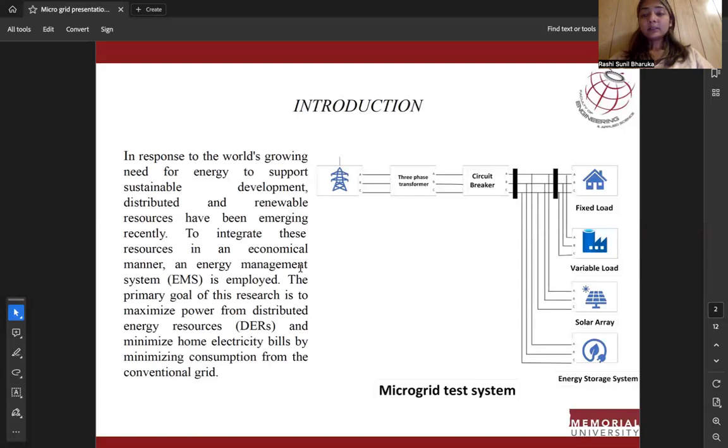To integrate the different types of energy generation resources and distribute the energy, we use distributed energy resources, or DER. Integrating these ideas aims at reducing electricity bills and minimizing consumption from the conventional grid.